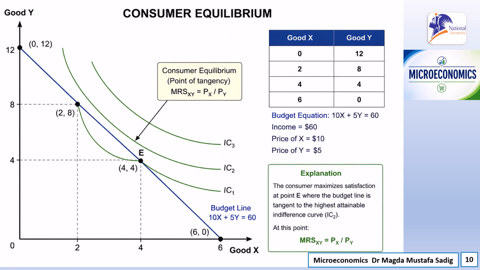Point E, where IC1 is tangent to the budget line, is the equilibrium point where the consumer consumes 4 units of Y and 4 units of X. At point E, the budget line is tangent to the highest attainable indifference curve, and this means the consumer has maximized utility while staying within the available budget.